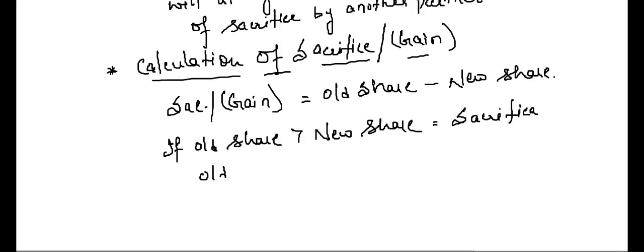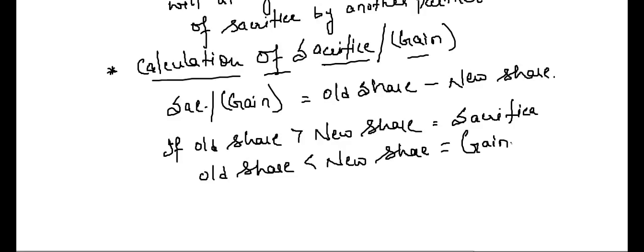And if old share is less than new share, now you are getting more than what you were getting earlier. This is a gain for you. This is X and this is Y. Clear? This is how we will calculate the sacrificing ratio or the gaining ratio.